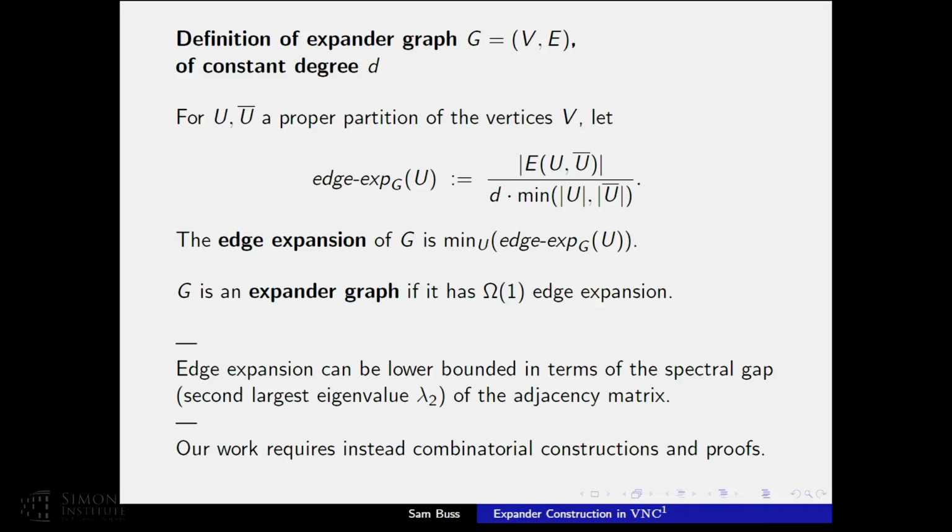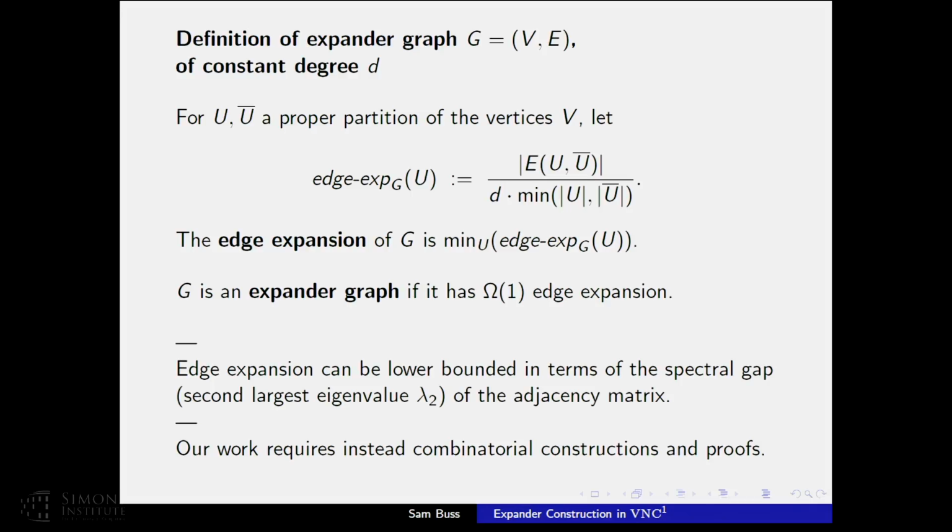You look at the number of edges crossing between U and U bar and divide it by D times the minimum of the size of U and the complement of U, and that's the so-called edge expansion. The edge expansion of the graph G as a whole is the minimum over all such choices of subsets of vertices U, and it's an expander graph if the edge expansion is some constant bounded away from 0.